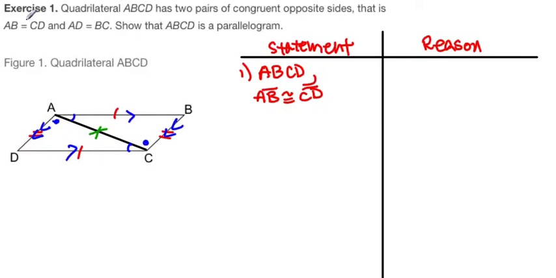In fact, we didn't get to write it up here due to font, but that's basically how we can write it up in our proofs. And also, AD is congruent to BC. And then the reasoning will be the given.